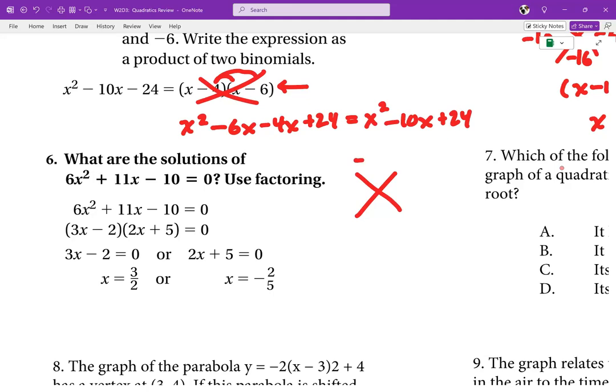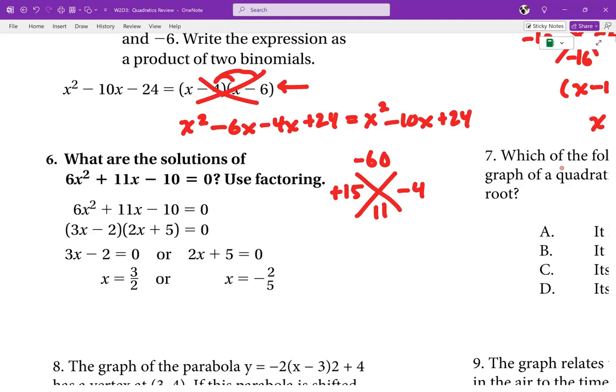So a times c is negative 60. This is 11. So what gives me 11 from 60? 2 and 30, 3 and 20, 4 and 15. 4 and 15 do. So a positive 15 and a negative 4.